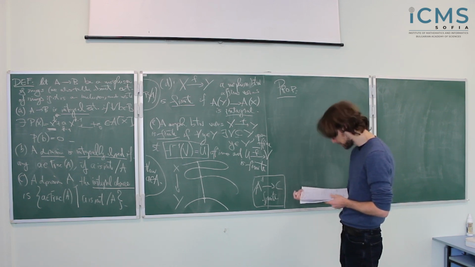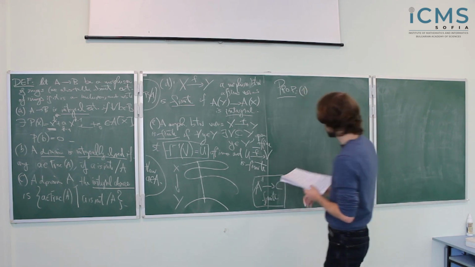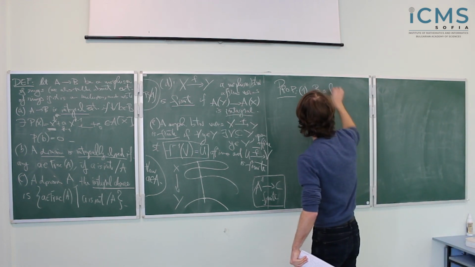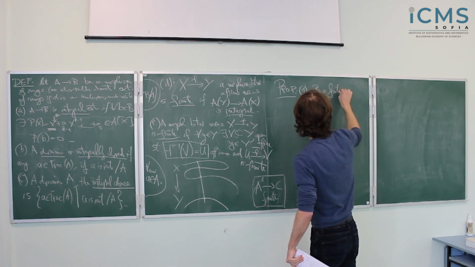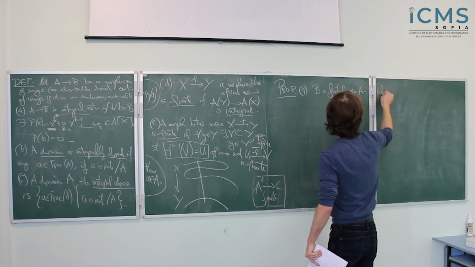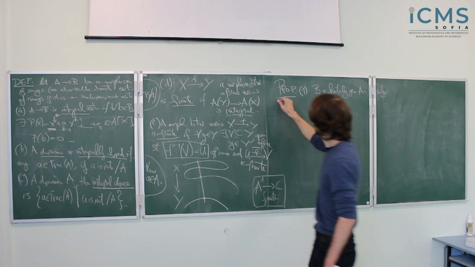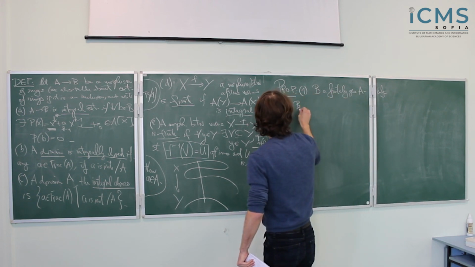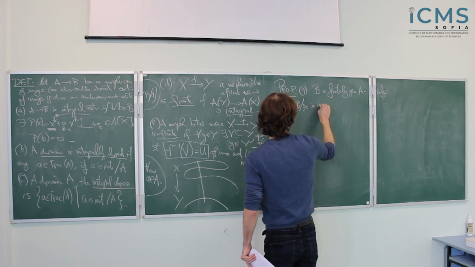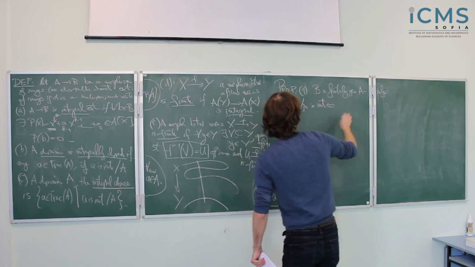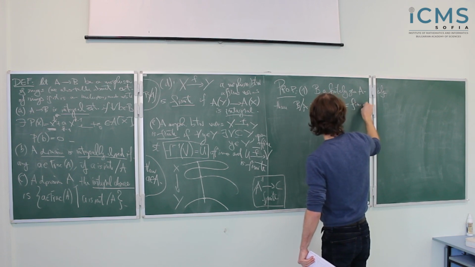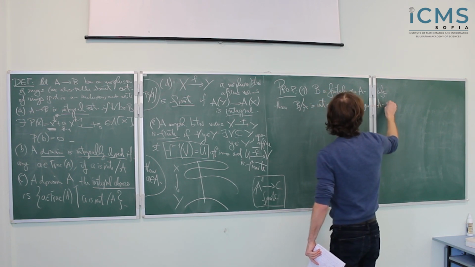The first very basic property is that if I take B a finitely generated A algebra, then the extension B over A is integral if and only if B is a finitely generated A module.